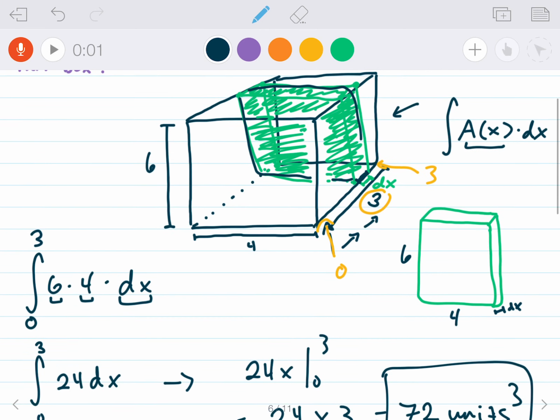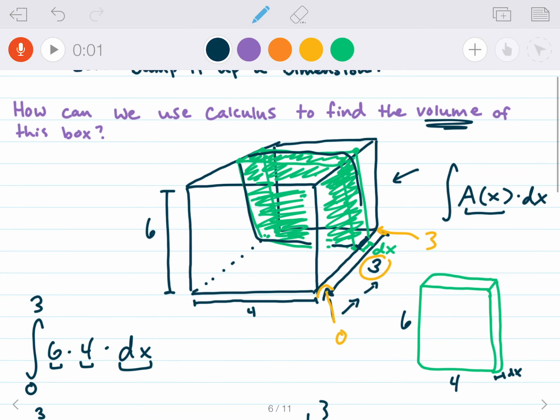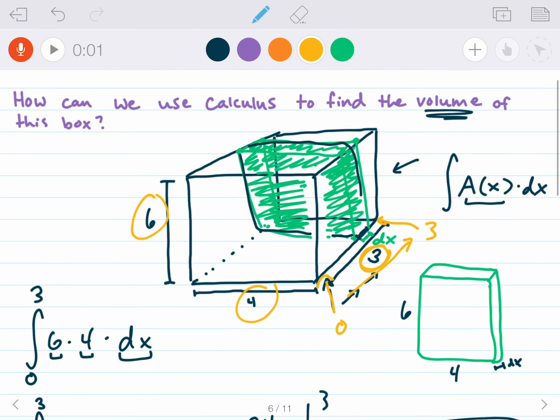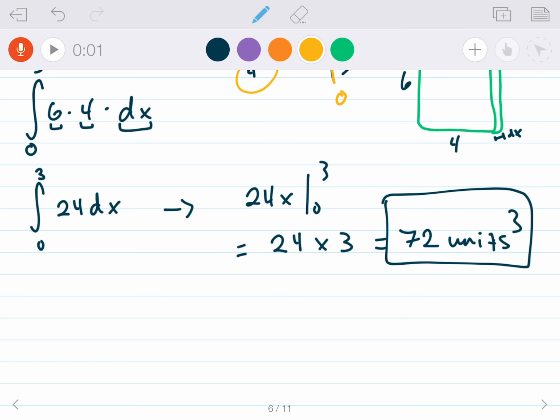And you can just find the volume like you normally would with a geometry formula in this case, because the length and the width are not changing as we move along this axis over here. So 6 times 4 times 3 is indeed going to give us 72 units cubed.